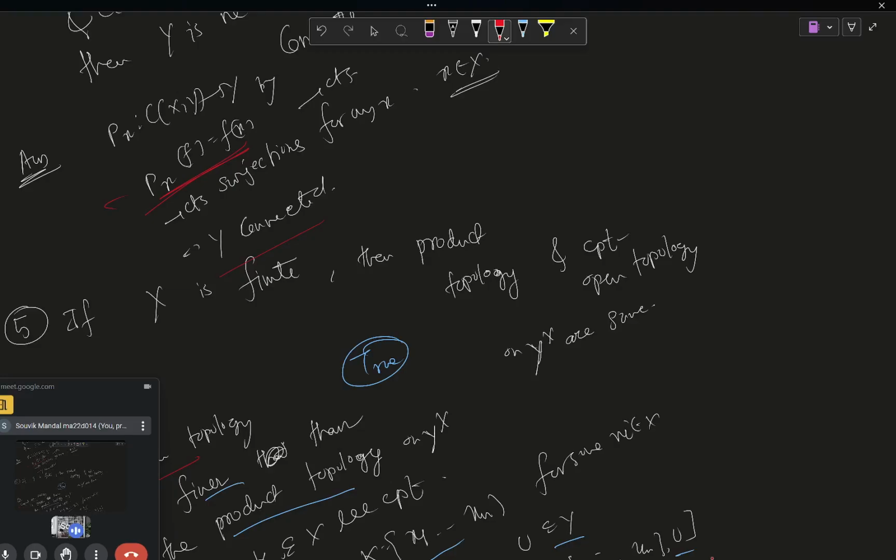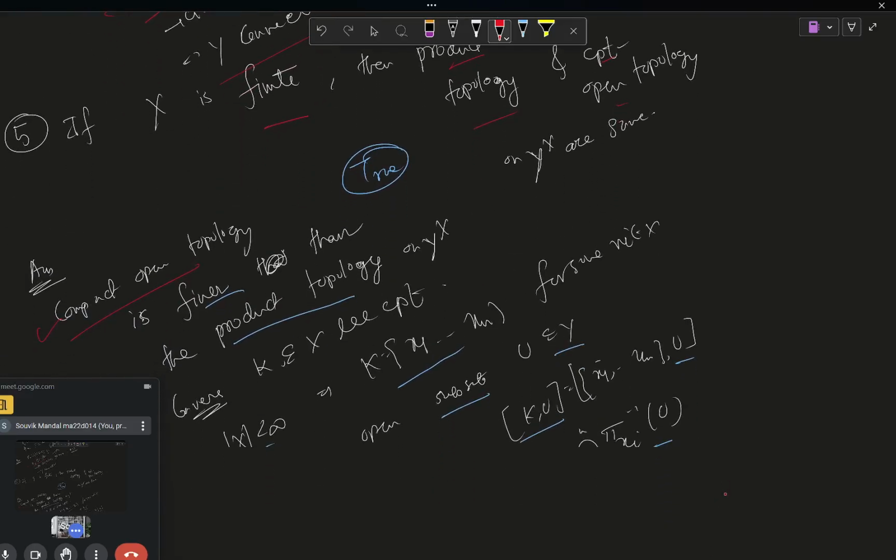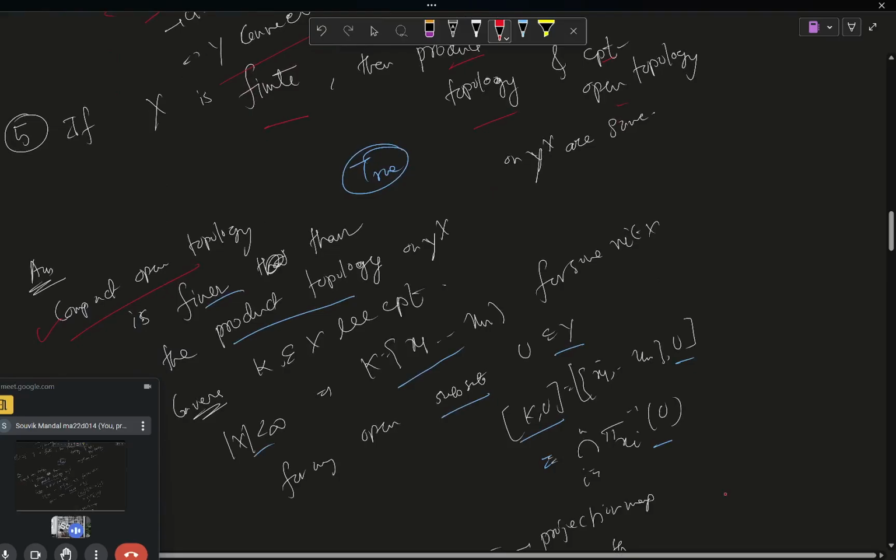So the next question: suppose x is finite, are the product topology and the compact-open topology the same on y to the x? First of all, observe that the compact-open topology is finer than the product topology. So one side is done.